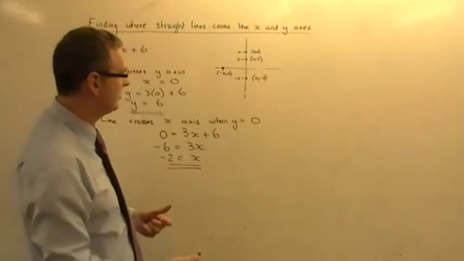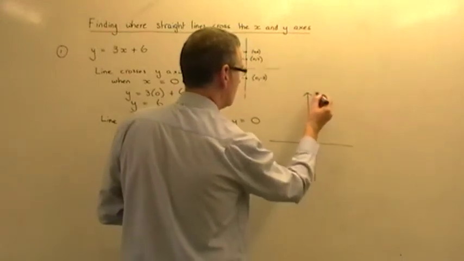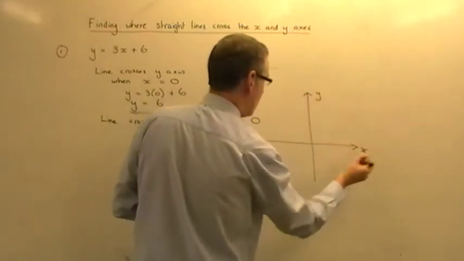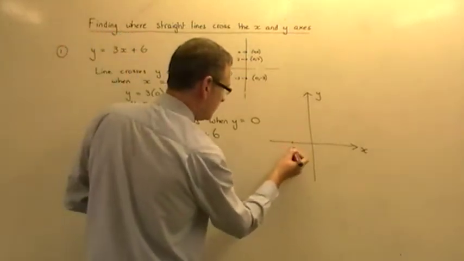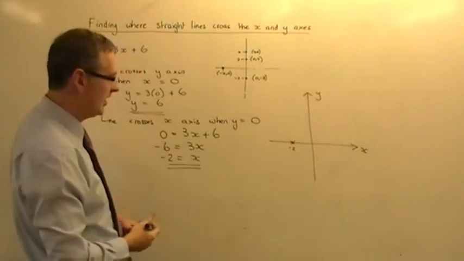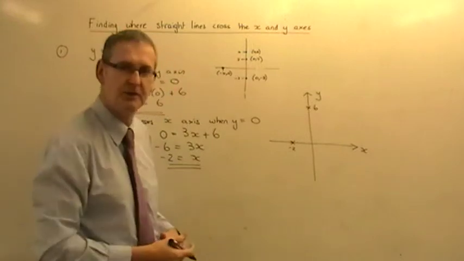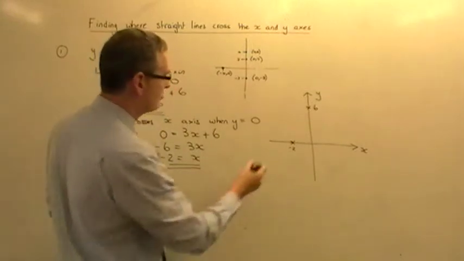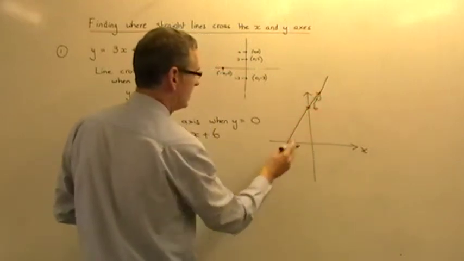If I wanted to do this as a sketch, I will do a small picture here. Y and x axes, mark on minus 2 there, that's where it crosses the x-axis, and it crosses the y-axis at 6, I'll put 6 there. It's only a sketch, so I'm not doing an accurate scale, and I just draw a straight line joining up those 2 points.